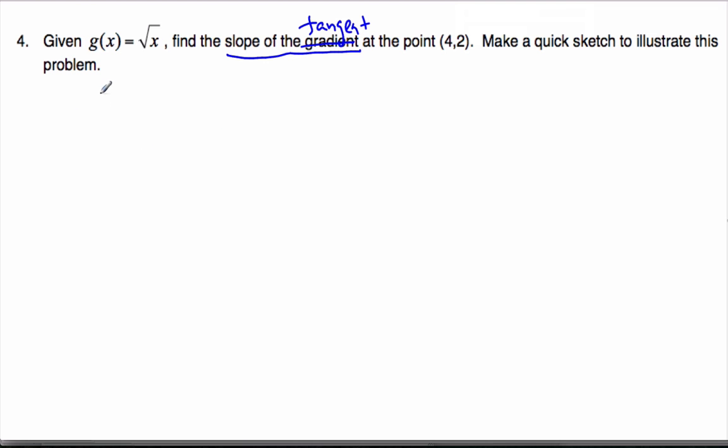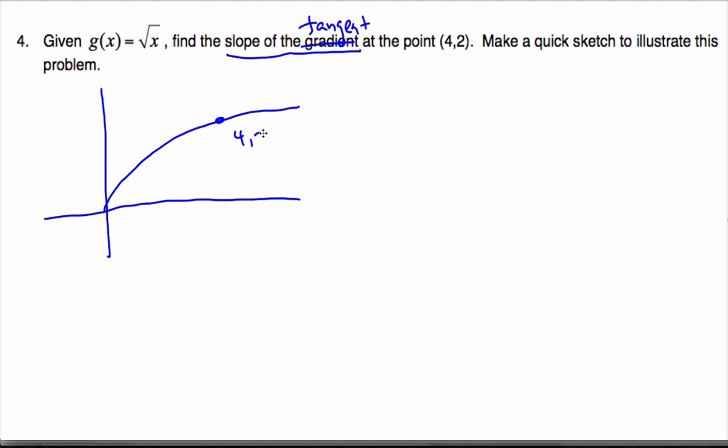Well, if I'm going to do a quick sketch, I know here is my graph of square root of x. Here's the point (4, 2). I want the slope of the tangent. Here is the tangent line. I'm looking for the slope at this point. Okay, so if I'm going to do that, I need to find the derivative at 4.